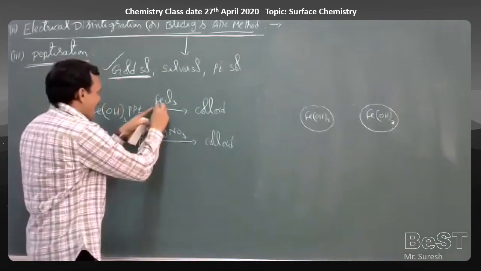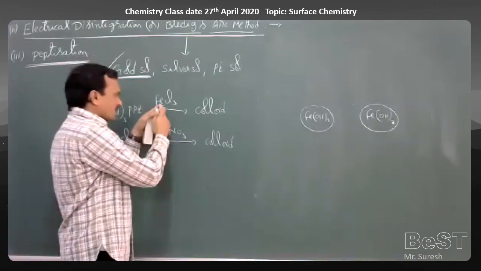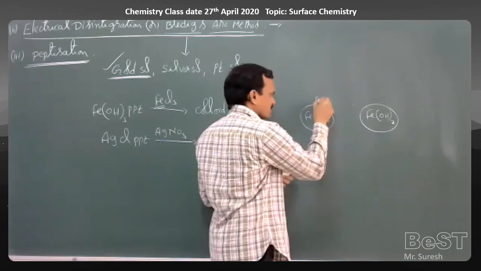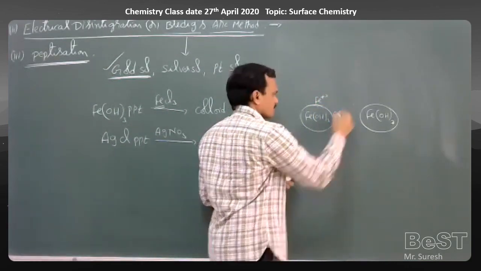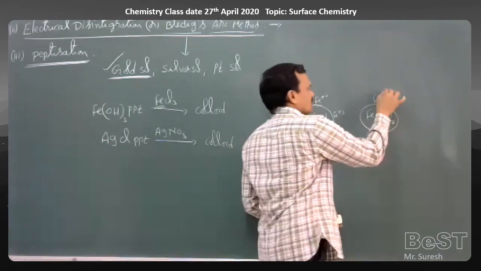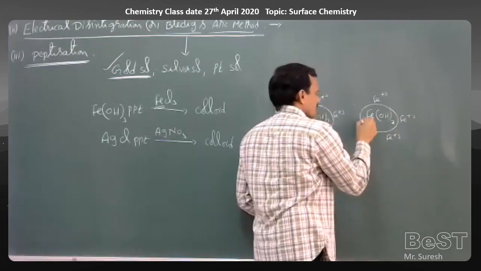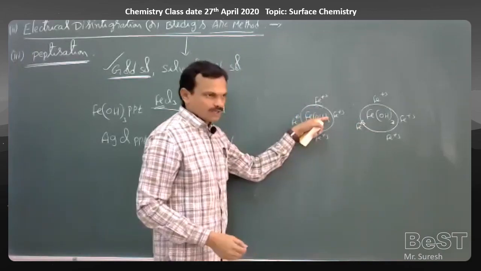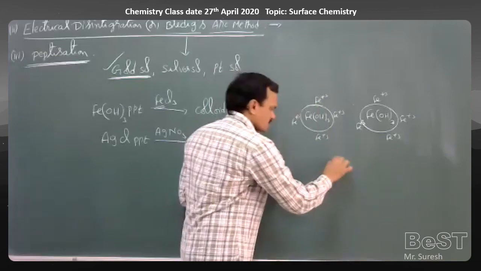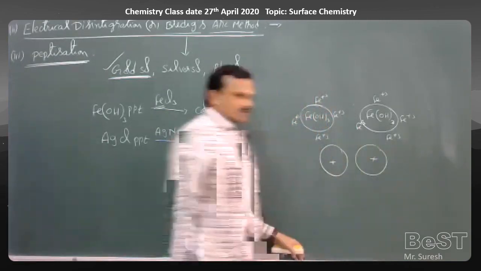Now, if we add some small amount of ferric chloride, the ferric ions produced here get adsorbed on the surface of the precipitate particles. Since ferric ions get adsorbed here, this particle gets some charge. That means now this particle becomes a positively charged particle. Now this also becomes a positively charged particle.